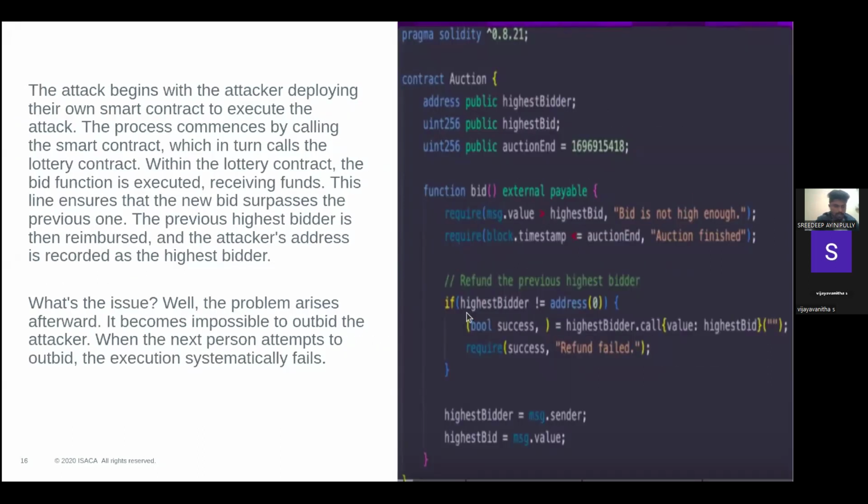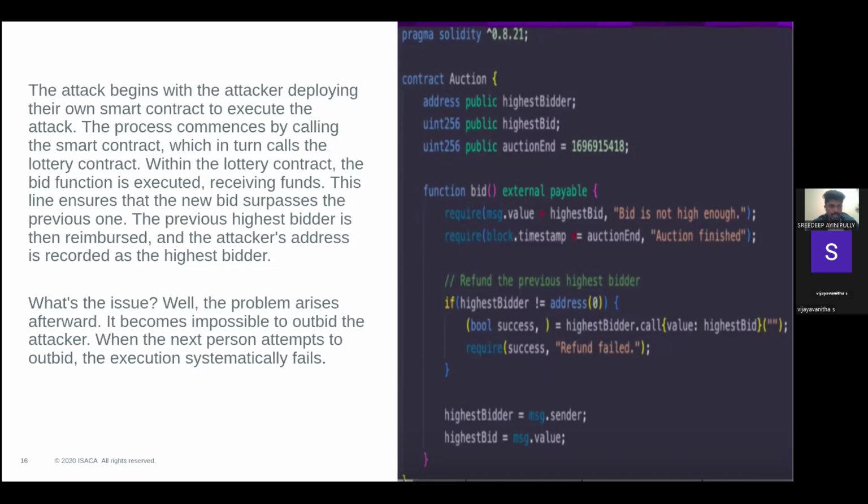The attack begins with the attacker deploying their own smart contract to execute the attack. The process commences by calling the smart contract, which in turn calls the lottery contract. Within the lottery contract, the bid function is executed and receives funds. These lines ensure that a new bid surpasses the previous one.